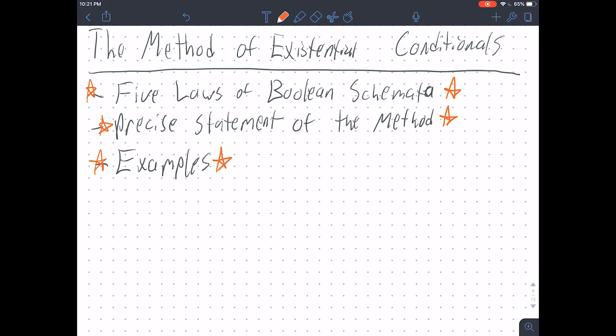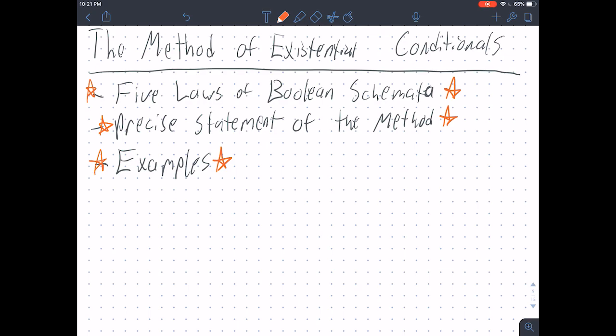Okay? And so just so you understand what's going on when I'm going through the laws: the laws that I'm going to give you suffice for testing any Boolean statement schemata for validity, but they might not seem like they suffice at first.